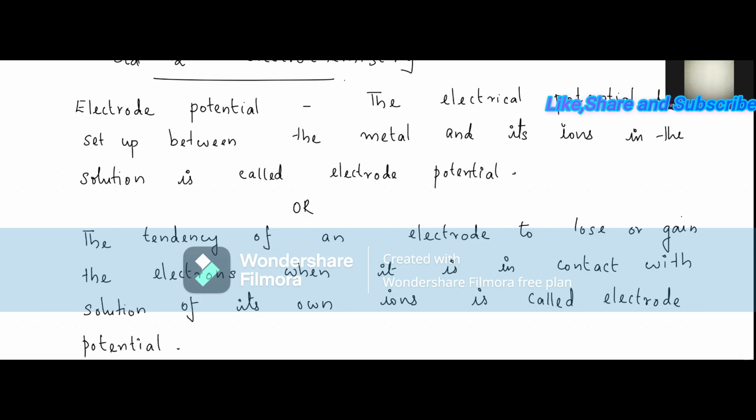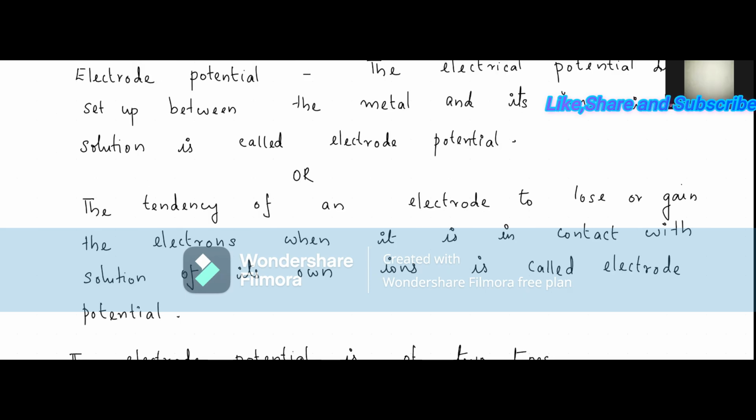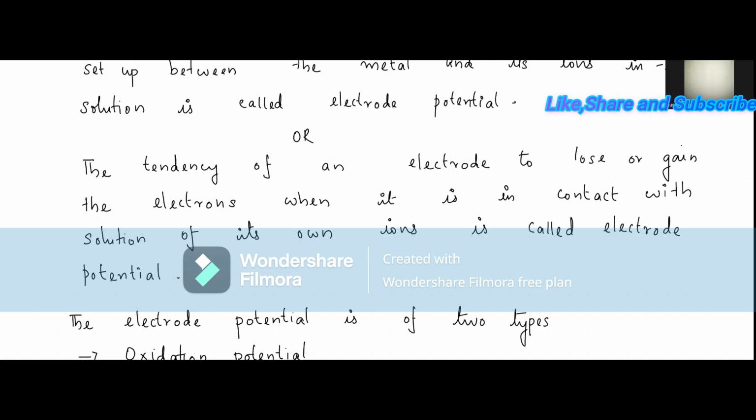This loss or gain of electrons is referred to as electrical potential difference, meaning the tendency of an electrode to lose or gain electrons when it is in contact with a solution of its own ion, zinc in zinc sulfate, copper in copper sulfate, is called electrode potential.